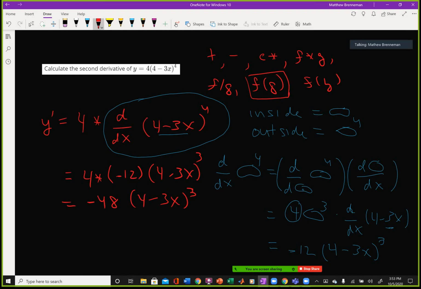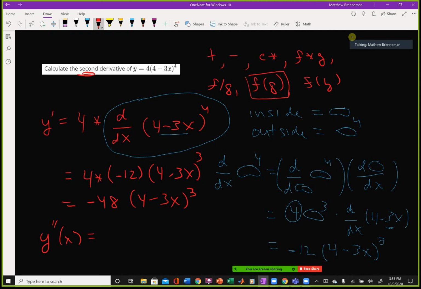But I'm not done. So make sure that you answer the question. They want the second derivative, so I have to take the derivative again. And when I do, I'm going to be playing exactly the same game. I have the same sort of situation. I have a number times a quantity raised to a power, so I'm going to have to use the chain rule again. And here we're not going to do this off to the side.